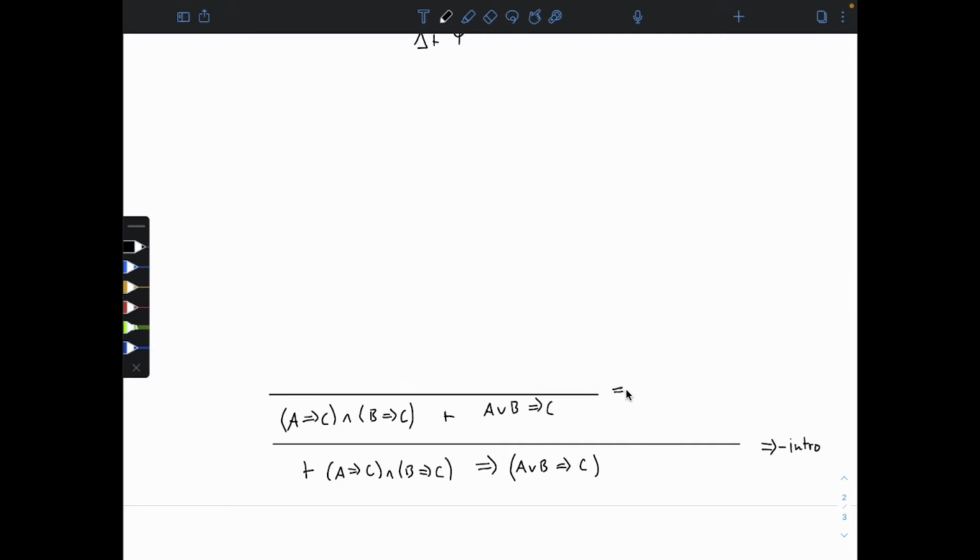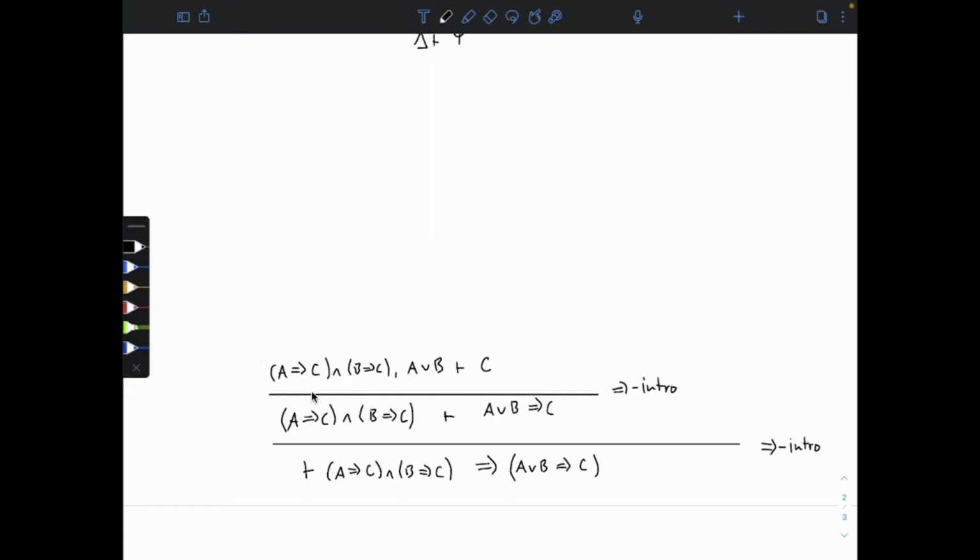So I do another intro, and I put this one among the hypotheses. Okay? Now I'm stuck. Now I'm just staring at C. I can't use an introduction rule. I have to use an elimination rule, but which one?